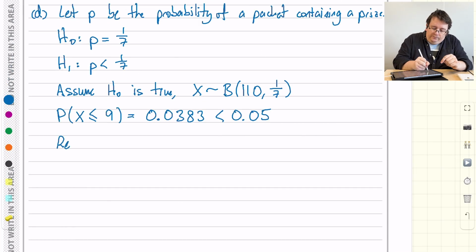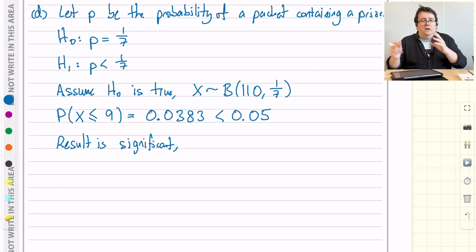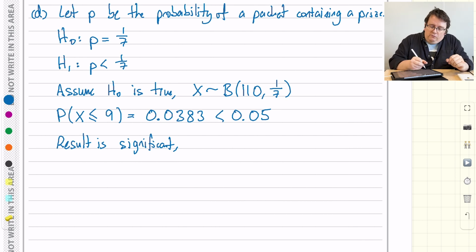So the result is significant. We've got less than 0.05, so we reject the null hypothesis. If your p-value is less than the significance level, you reject. Result is significant, so we reject H0.